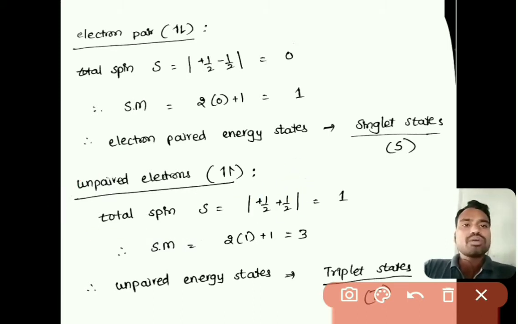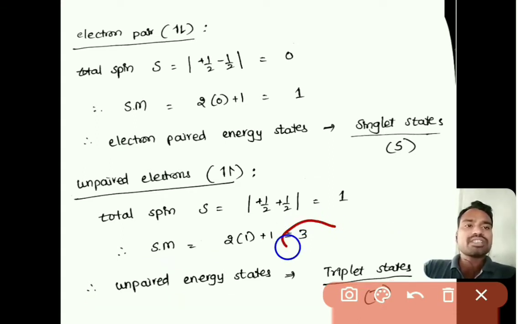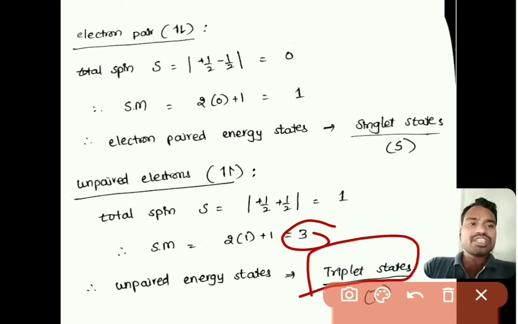Now the spin multiplicity Sm equals 2s plus 1, that is 2 into 1 plus 1, so that equals 3. So here the unpaired energy states are called triplet states, because the spin multiplicity is 3.